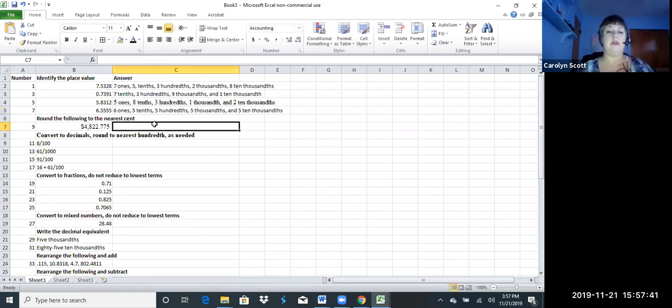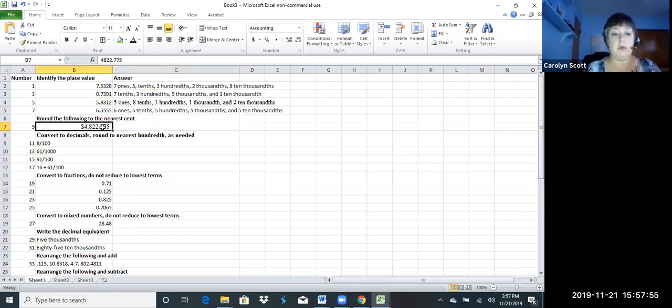Now for this, we need to round to the nearest cent. I will share with you that there are graduate students who have a really hard time with rounding. So make sure you're always starting off on the farthest right number, which is a 5. When we round, anything that is 5 or over gets rounded up to the next number in the spot to its immediate left.